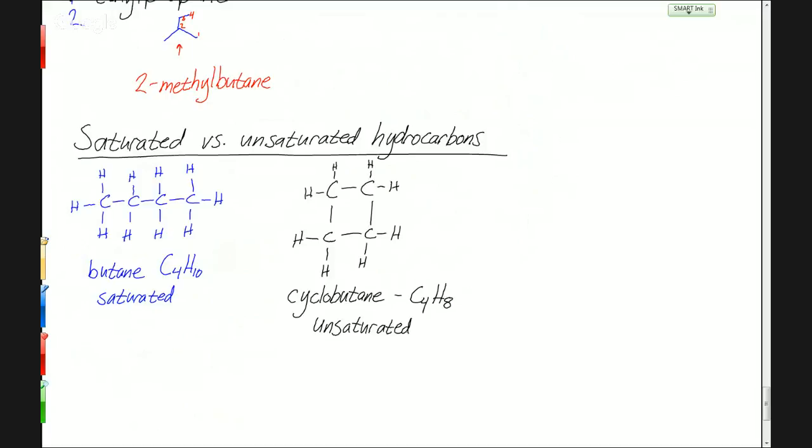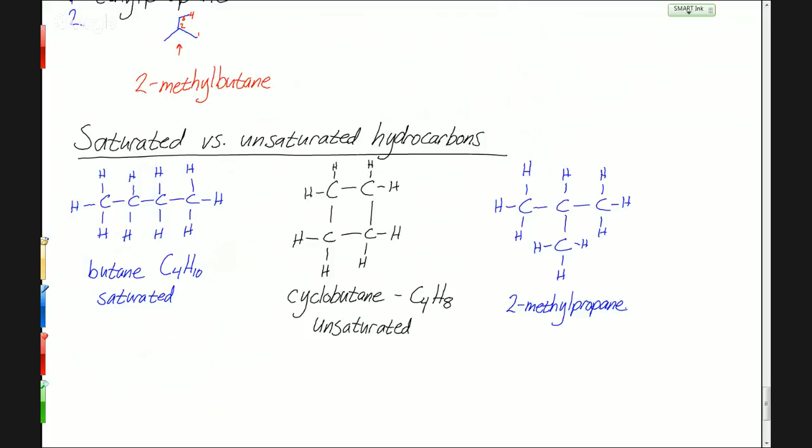Now, it's easy if you see something like a hydrocarbon that's just in a straight line, that's obviously saturated. But even something like this, which is an isomer of butane, if we have 4 carbons that are arranged like that, not cyclo, and we add in the hydrogens, this molecule is called 2-methylpropane.